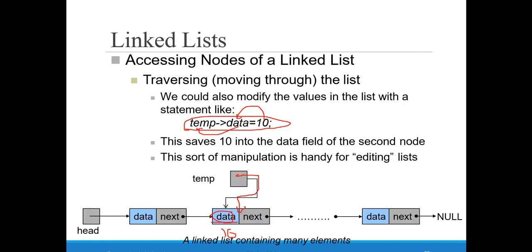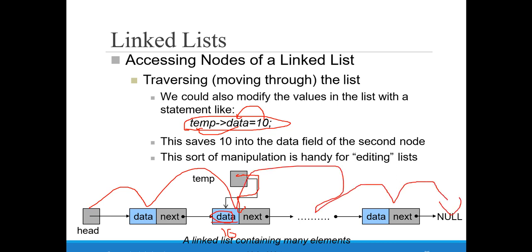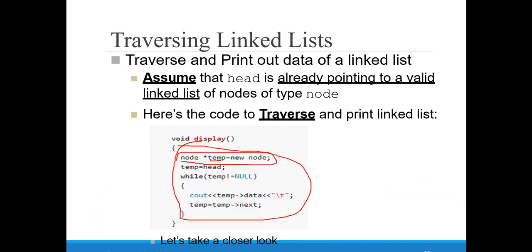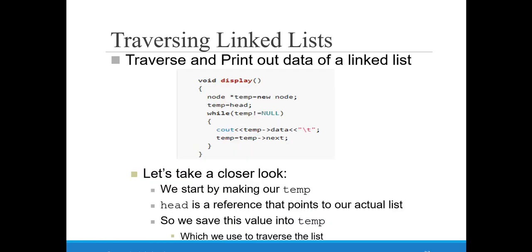That means while I'm moving on my linked list, I haven't reached null yet. What should I do? cout temp.data. I want to print the data, then go to the next node in my chain.